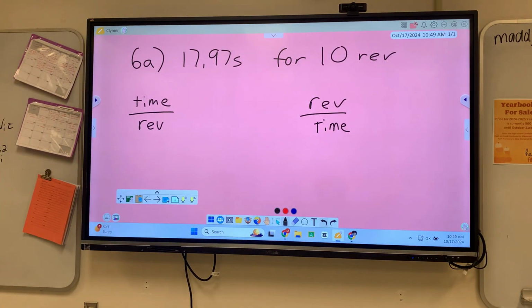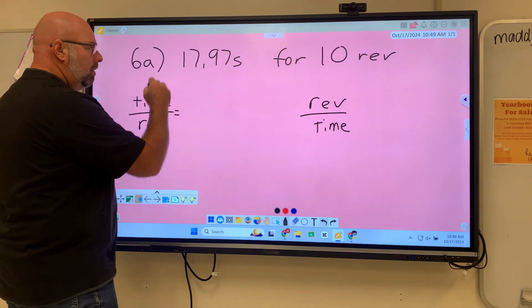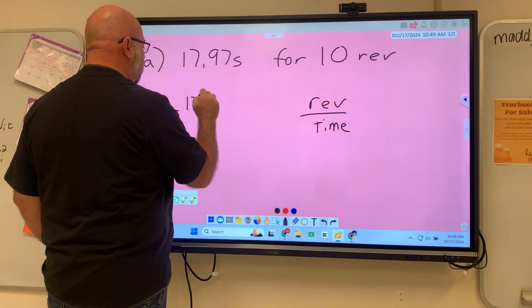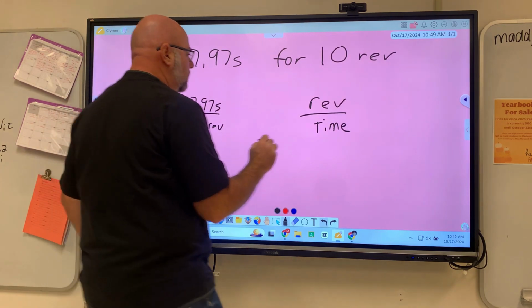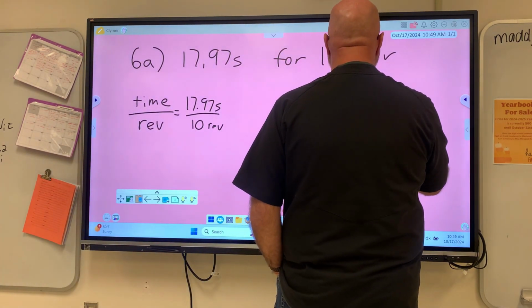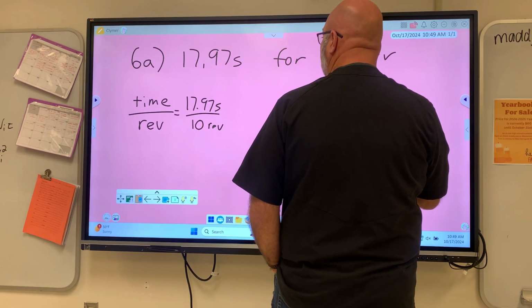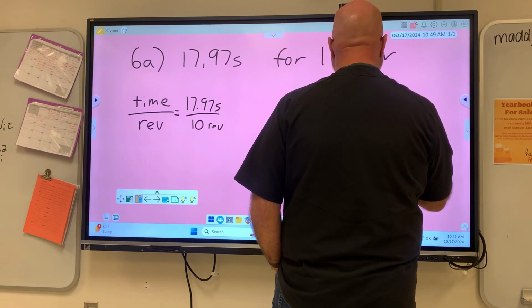Depending on the question and what you're using them for, both of these are valid or interesting ways to think about what we're talking about. And so to solve this out, we simply plug in what we have. So 17.97 seconds for 10 revolutions, and this one would be 10 revolutions per 17.97 seconds.